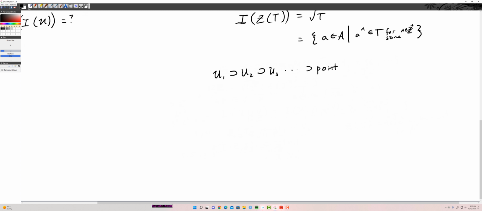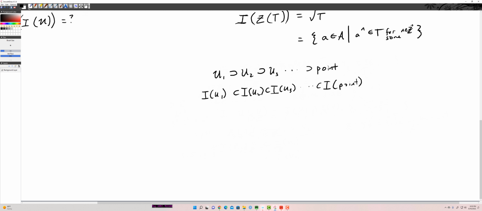So this would be the smallest set in this affine space without being the null set. It would associate with an ascending chain of ideals, I of U1, I of U2, I of U3, all the way up to the ideal associated with the point.